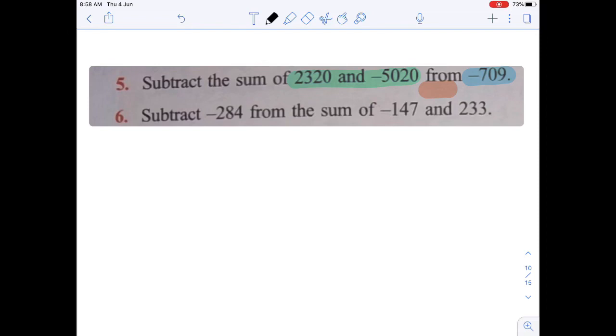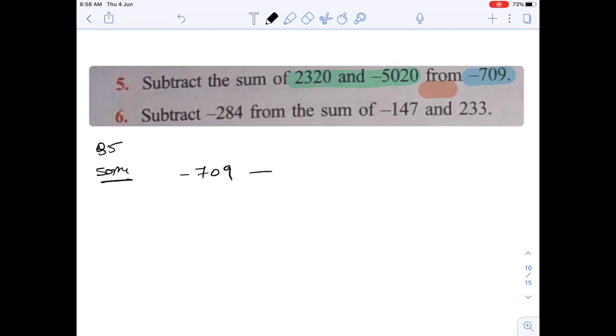So let us write the solution for question number 5. What is given? Subtract. Now first we will see what is written after 'from'. After 'from' it is given minus 709. So in the solution you can directly write minus 709.